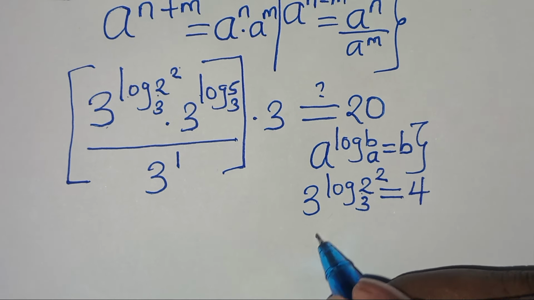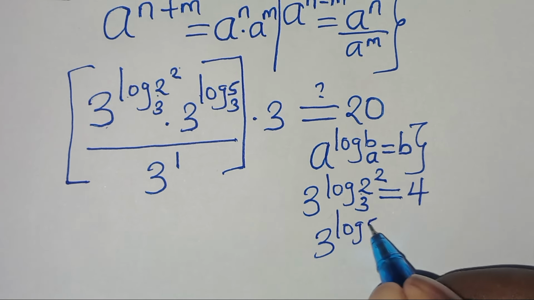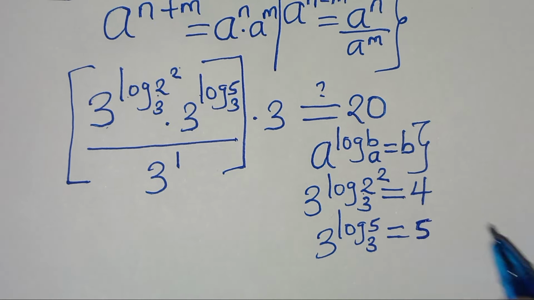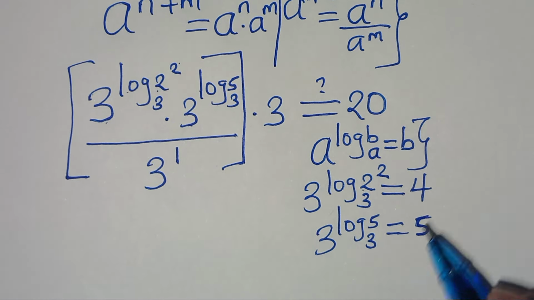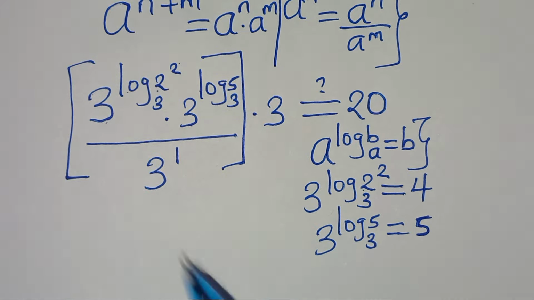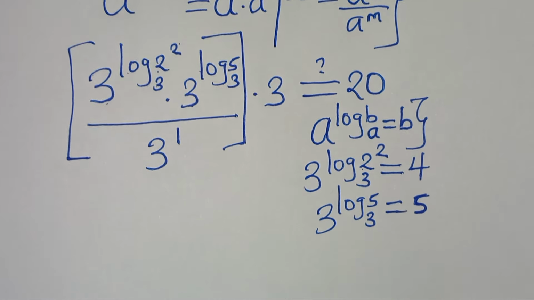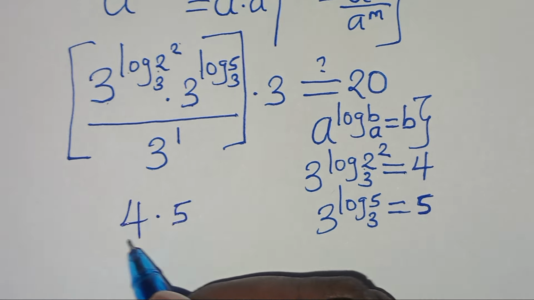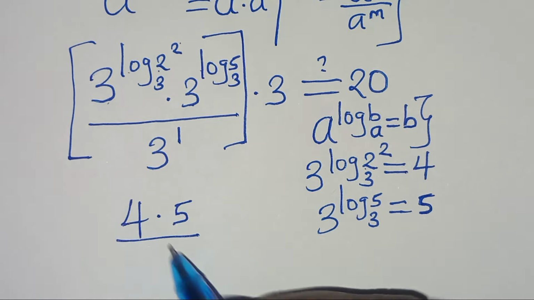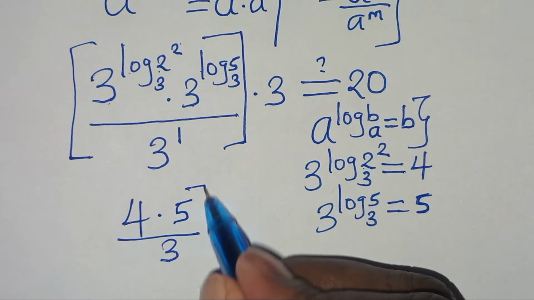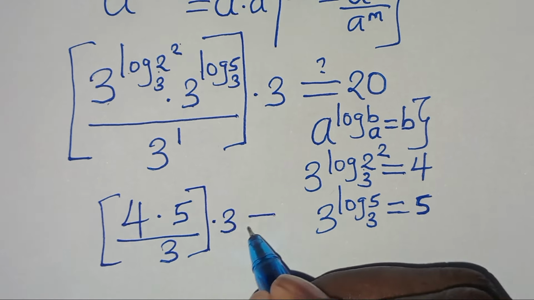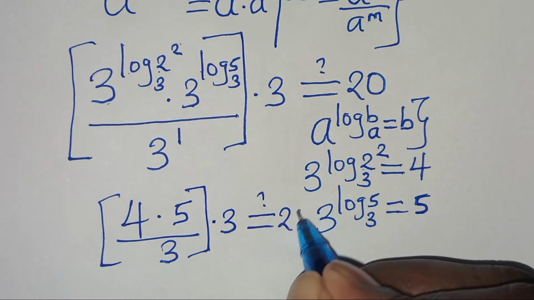And 3 to the power of log 5 to base 3 is supposed to give us a value of 5. So let's substitute 4 and 5 in this equation, so that now we have 4 multiplied by 5 divided by 3 to the power of 1, which is 3, everything here multiplied by 3. This should give us a value of 20.